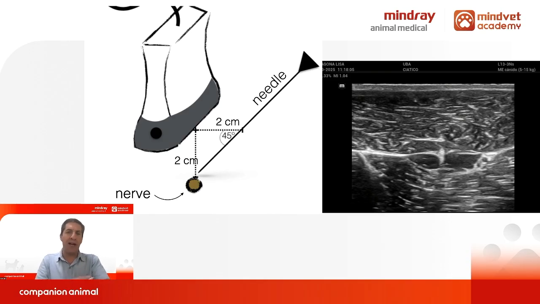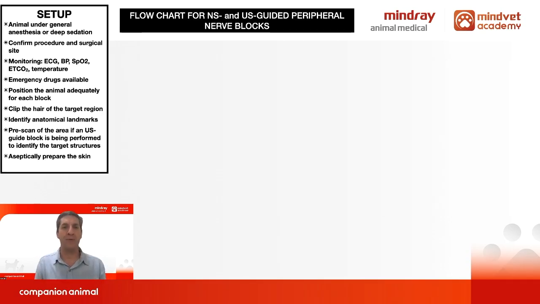Okay, we are reaching the end of this first webinar. And we are going to make a quick view of how to set our devices when we use the nerve stimulator or ultrasound to perform the block.